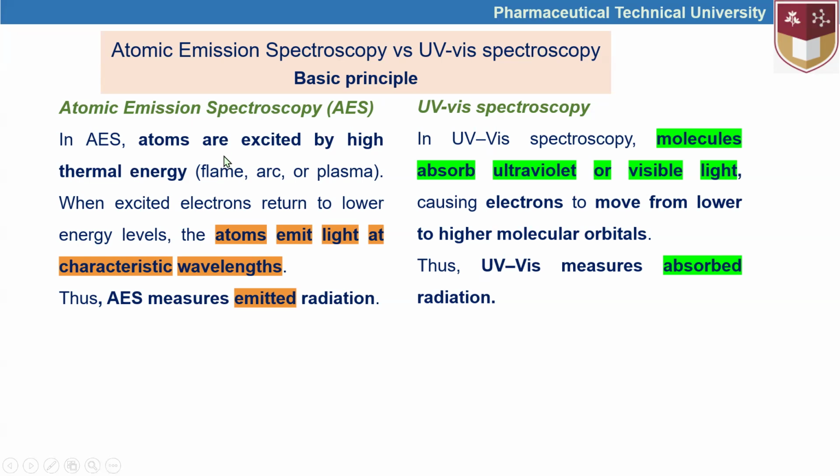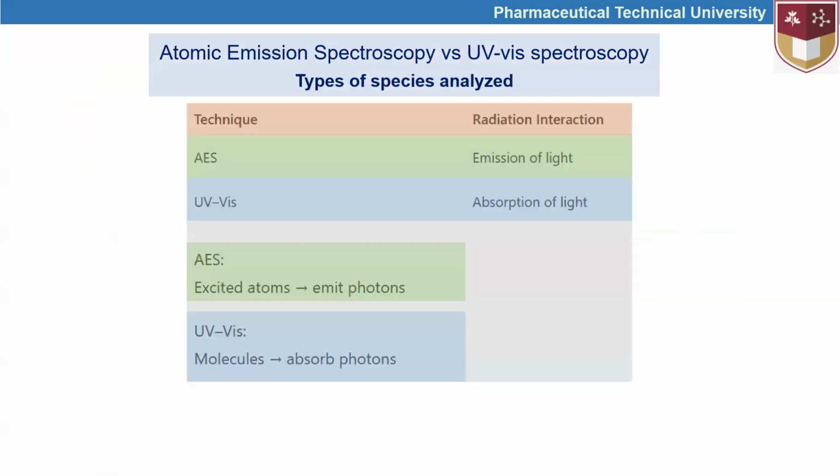Atomic emission spectroscopy uses the emission. So based on the emission of the light, we can find out about the presence of different atoms. And by using UV spectroscopy, we rely on the absorption of ultraviolet visible light. So based on the absorbed radiation, it will be possible to find out the presence of different atoms or functional groups.